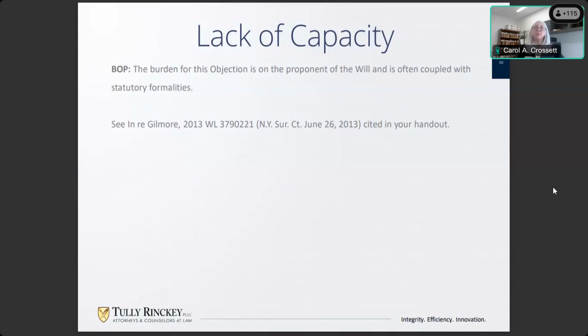But there's a presumption of competency, and I think most of us know that a will requires less mental capacity than any other instrument, such as a contract, a deed, and so forth.